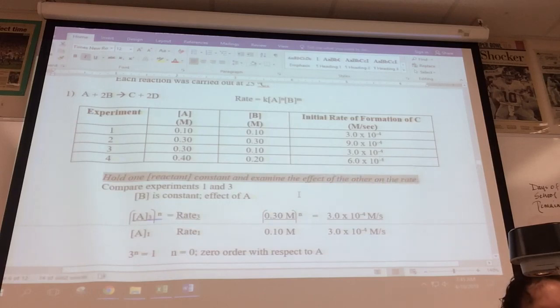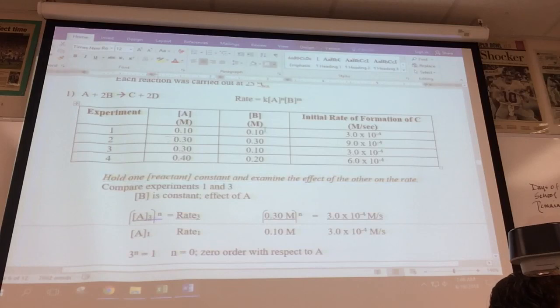And that may not make sense because it's so wordy. I look at the data, and there's no perfect place to start. It's whatever pops out at you first. When I look at this data, I see, for example, that B is constant in experiment 1 and experiment 3.